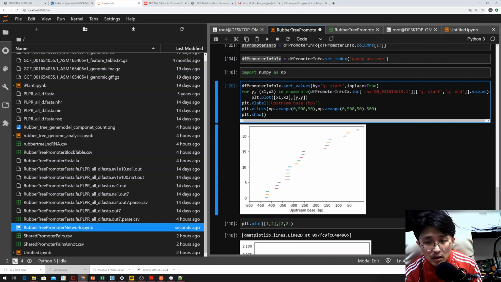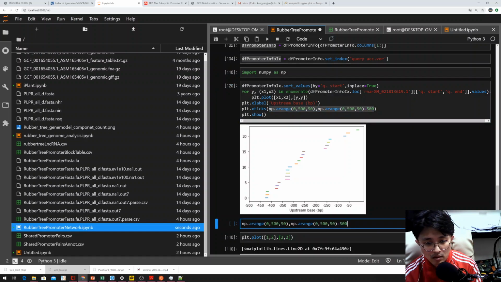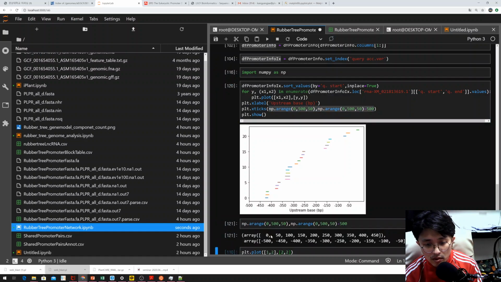Okay, so if you type in x6 like this, then this is the result. So I will show you everything. Copy. So this is the original ticks, but I will change these ticks into 0 to minus 500 because this is inverse. This is the inverse manner of our data. So I changed.